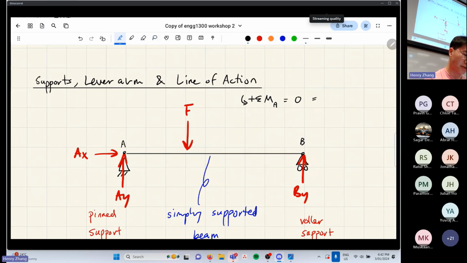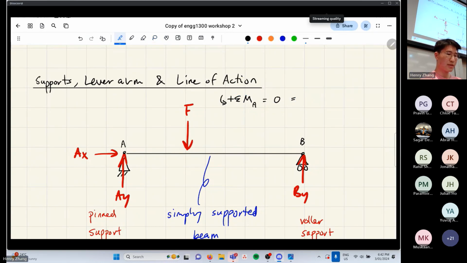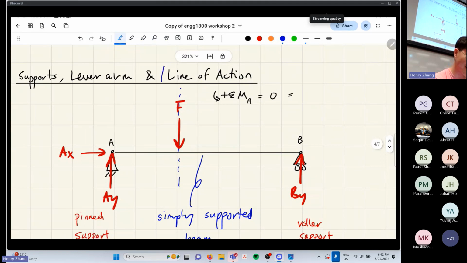Oh wait, let me give myself more space here. So what's going to happen is, because we're taking it about point A, right? The force in question has something called a line of action. I'll just draw that. That's that blue bit, the dotted lines. The line of action for a force vector extends infinitely in both directions.